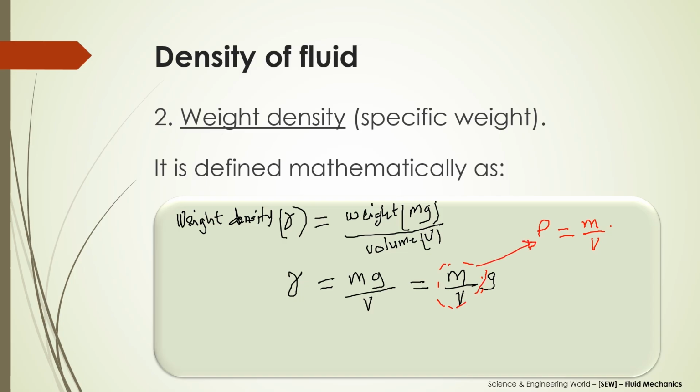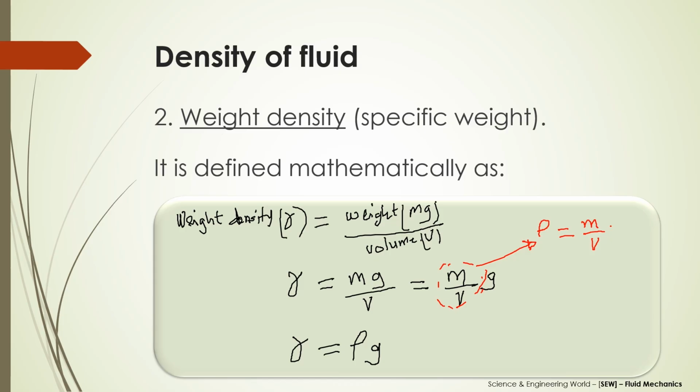So we can write our weight density as gamma equals rho times g, and it has a unit because mg, like I said, which is the weight, is a force.